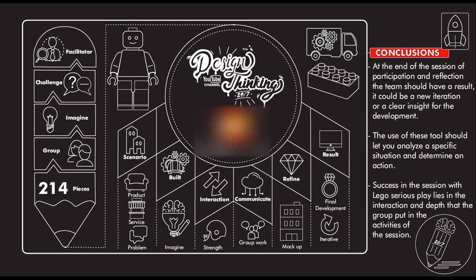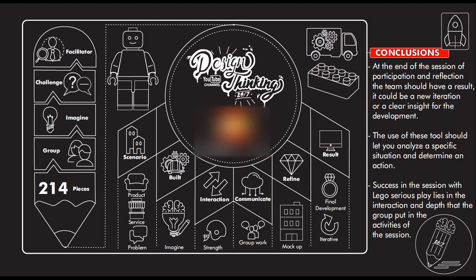As a conclusion, we can say that at the end of the session of participation and reflection, the team should have a result. It could be a new iteration or a clear insight for the development. The use of this tool should let you analyze a specific situation and determine an action.